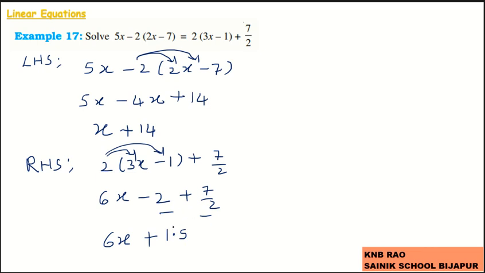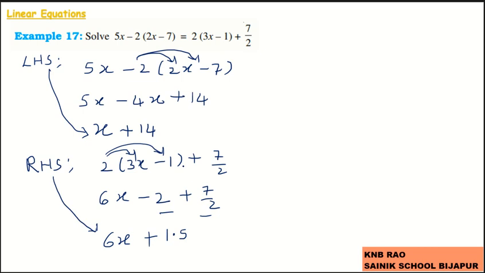So, it is orally we can do sometimes. It is all how we are good at thinking. So, in LHS I have got x plus 14, in RHS I have got 6x plus 1.5. Now, I will equate those.